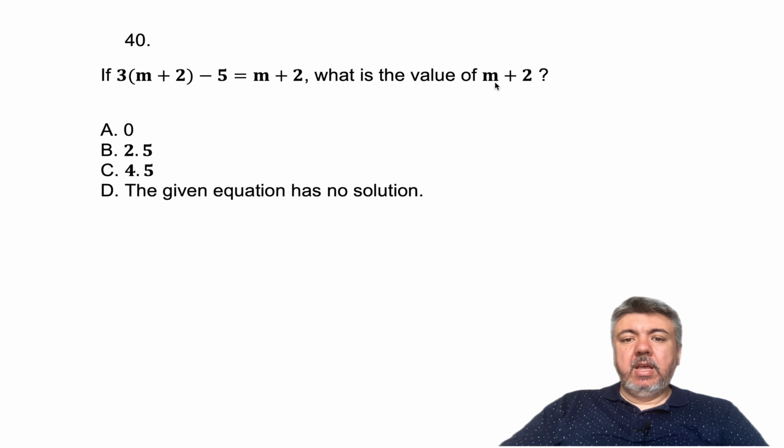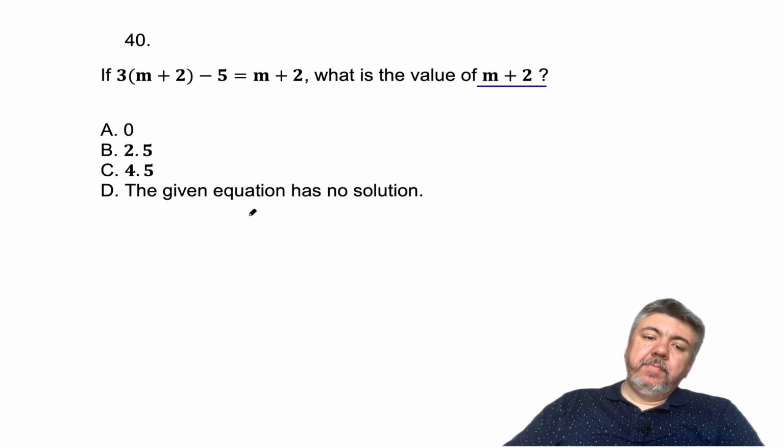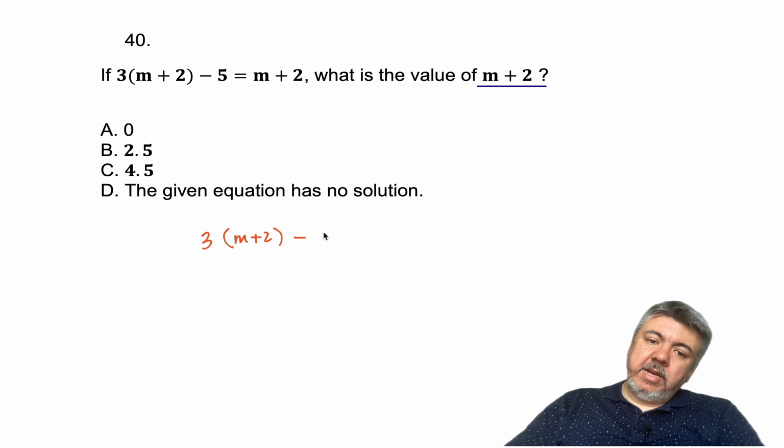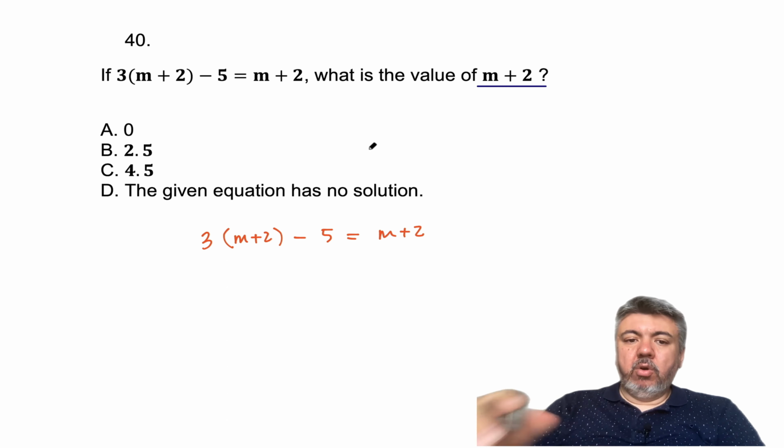Question 40. They are looking for the value of m plus 2. I have something to show you. Like this: 3 times (m plus 2) minus 5 equals m plus 2. I'm thinking of this m plus 2 as something concrete.